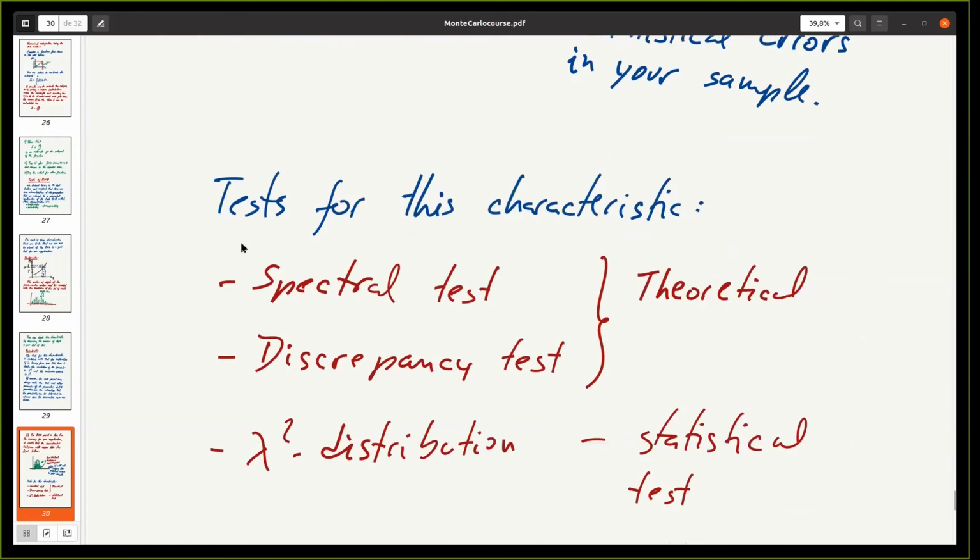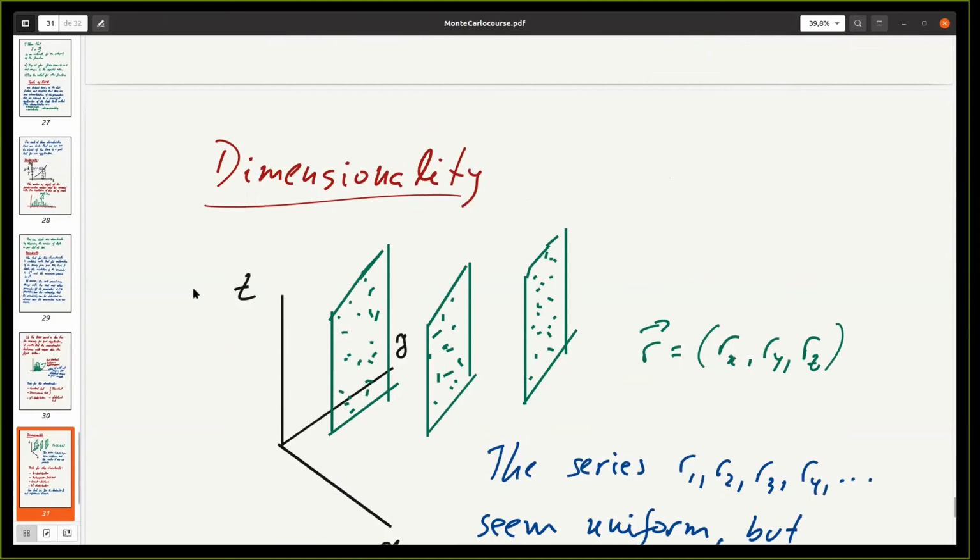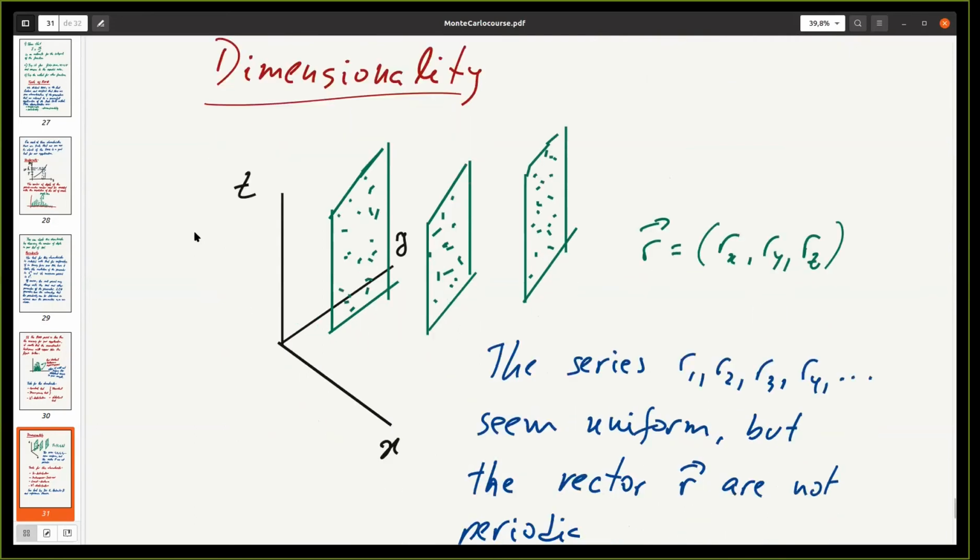For these characteristics, we have spectral tests and discrepancy tests that are theoretical; you can calculate them. And the chi-square distribution, which is a statistical method. The other feature of random number generators is dimensionality. It means that you may have a series of random numbers that are uniform and not periodic, or the periodicity is larger than you need, so it seems okay.